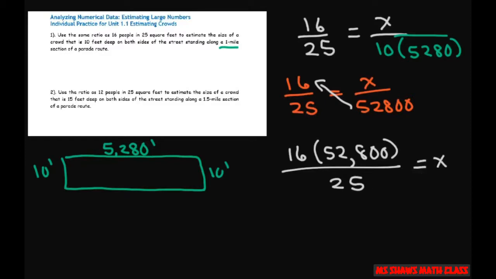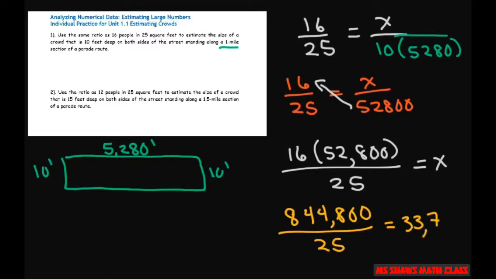And that's what we're looking for, x being our number of people. And when you do that, you're going to get 844,800 divided by 25 equals 33,792.